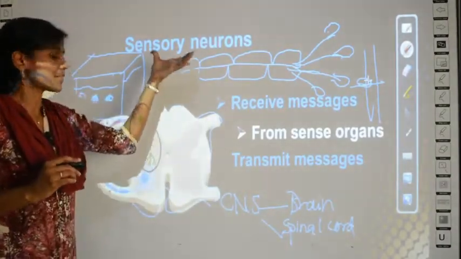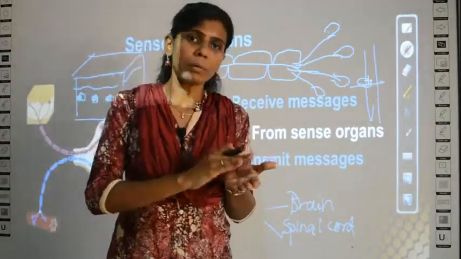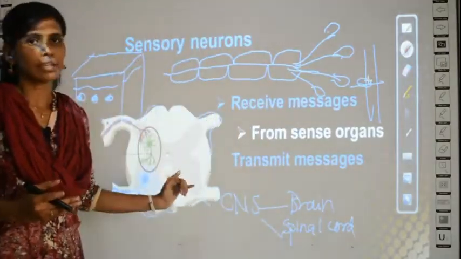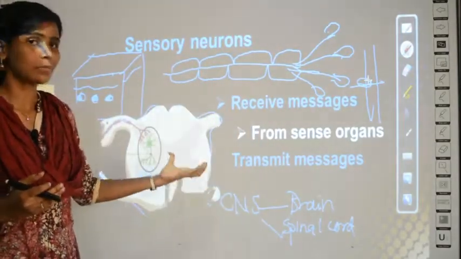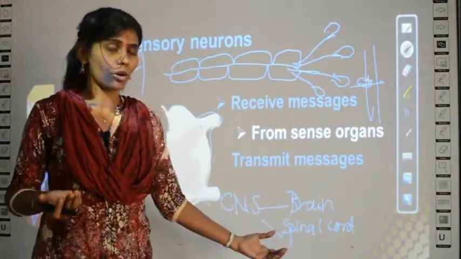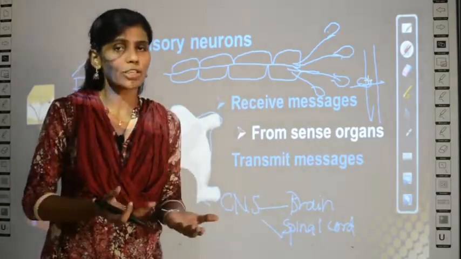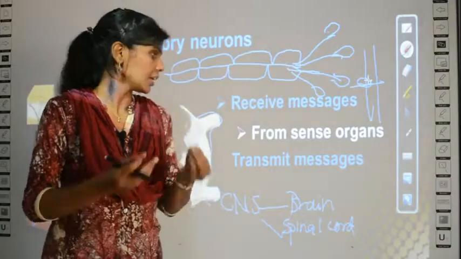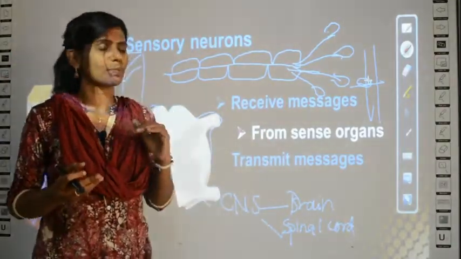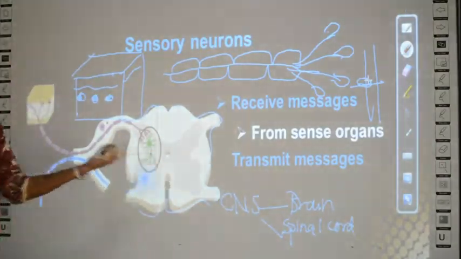So the functions of sensory neurons are to receive the signals from the skin or any other sense organ to the central nervous system. What is central nervous system? Central nervous system includes either brain or spinal cord. So sensory neurons receive the signals from your sense organs and transmit the messages either to the brain or to the spinal cord. In this picture, it is transmitted to the spinal cord.